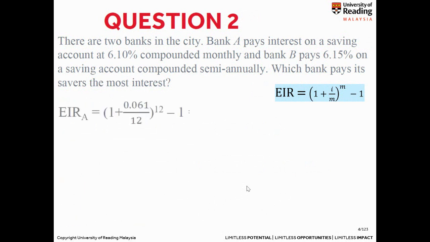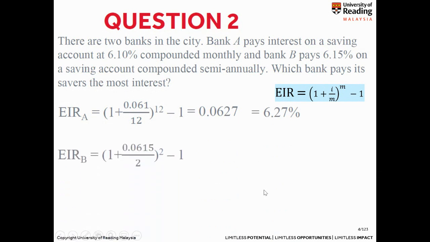For bank A, the interest rate is compounded monthly, so your m is 12. Your interest rate is 0.061. You work out, the effective interest rate will be 6.27%. As for bank B, the interest is a little bit higher, but compounded semi-annually. So m is 2. We substitute the values into the formula and use a calculator.